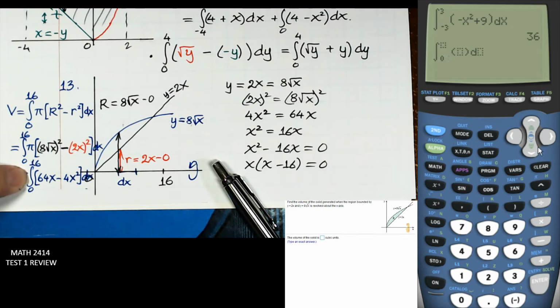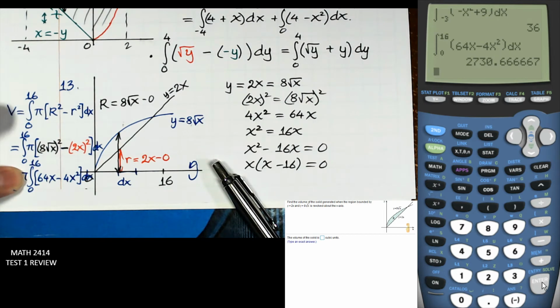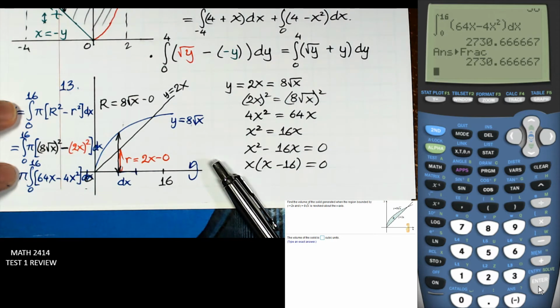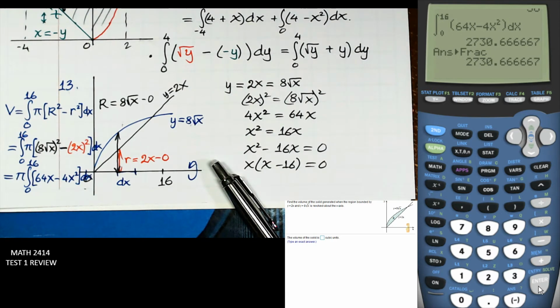Just go from 0 to 16, 64x minus 4x squared dx. Can we get a fraction? Oh shoot. Just have to do this by hand then.